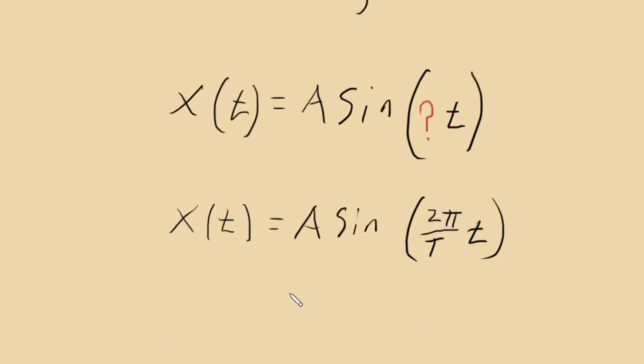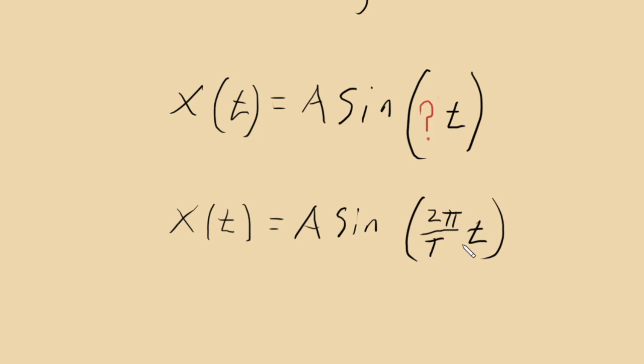So what we could do is replace our question mark with our period in the denominator. We know that when our time is equal to our period, that will have gone 2 pi radians, which is 1 cycle.